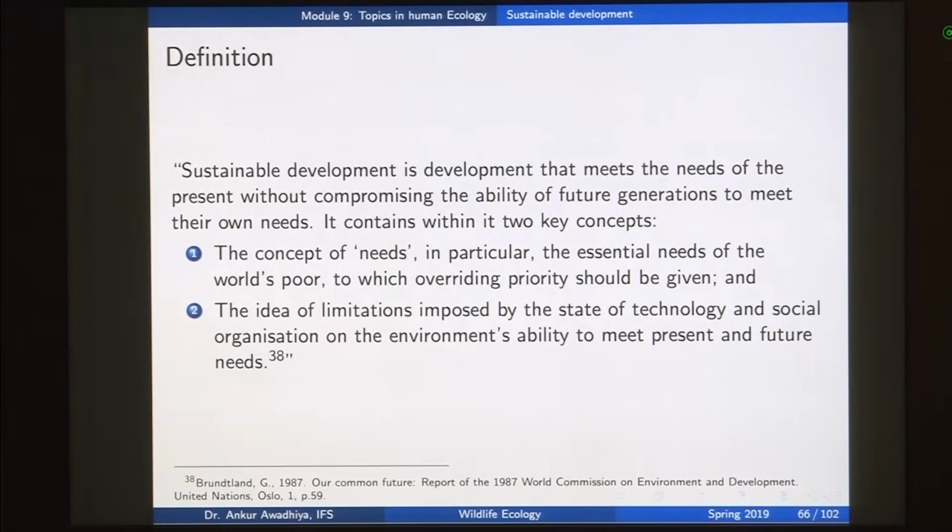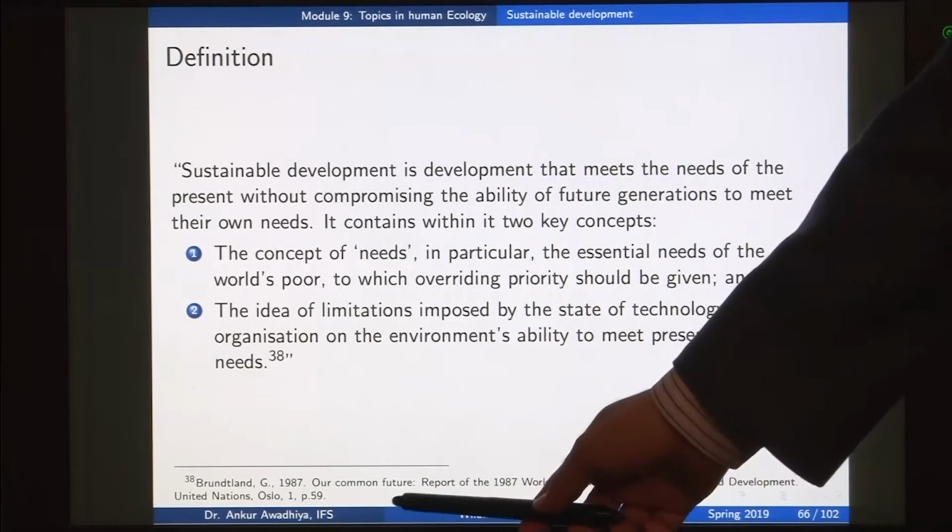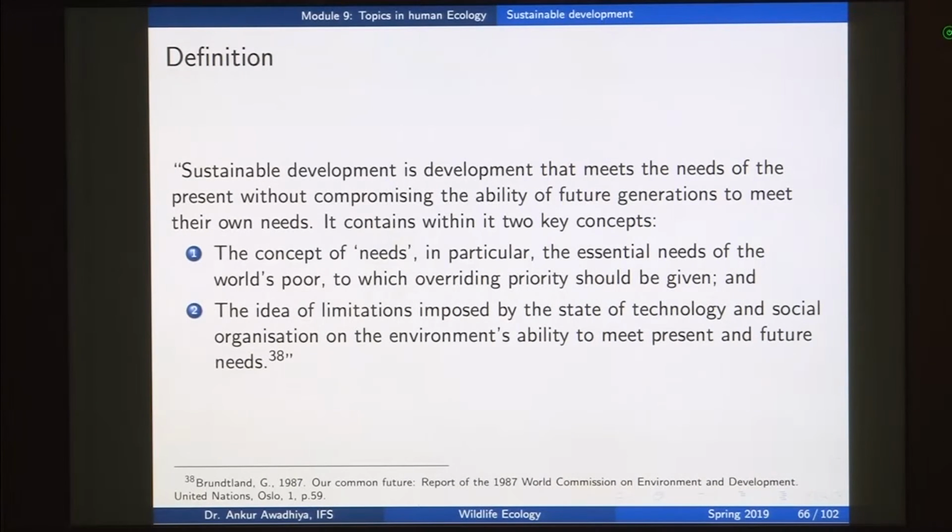If the environment had an unlimited ability, any amount of pollutants that we dump into the environment would be fine. But just because the environment is also limited in its ability, we need to make these choices. And when we are making these choices, we need to ensure that all the essential requirements, especially of the world's poor, also have to be met. Now, this is the definition that was given by the Brundtland Commission, and the report is called Our Common Future, and this is a very worthwhile document to read.